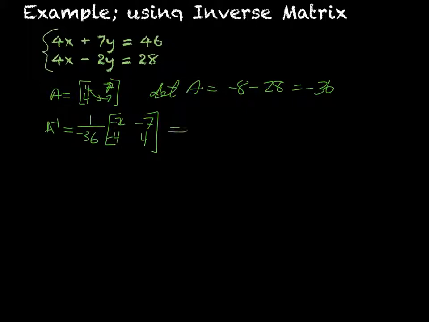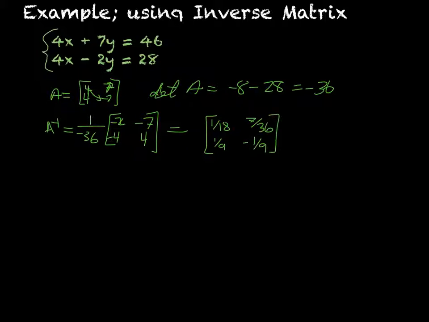Now if I do my scalar multiplication, my A inverse is going to be 1 over 18 and 7 over 36. Negative 4 divided by negative 36 simplifies to 1/9, and 4 divided by negative 36 is negative 1/9. So that is my A inverse.